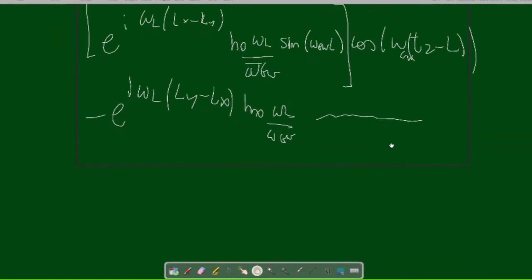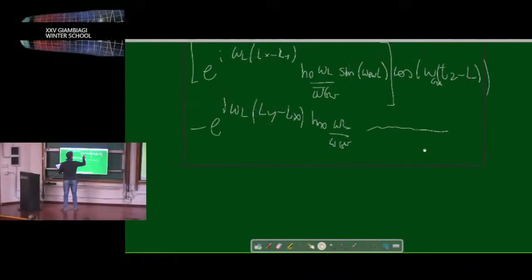Here we actually didn't need to develop at this level. We could have left it in the exponent. So we get e to the i something plus something minus e to the minus that something. So this is exactly then the sine.